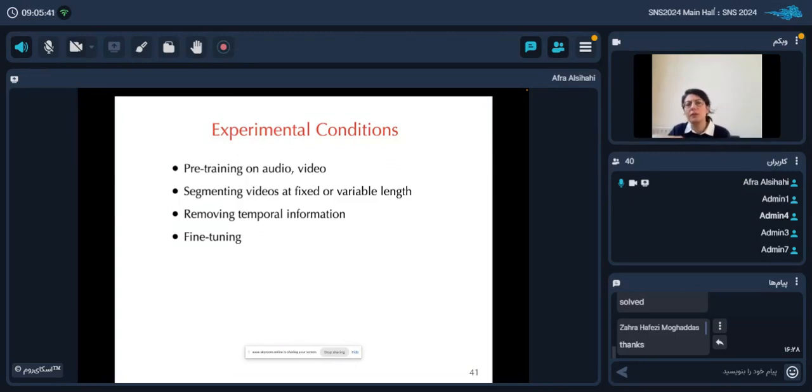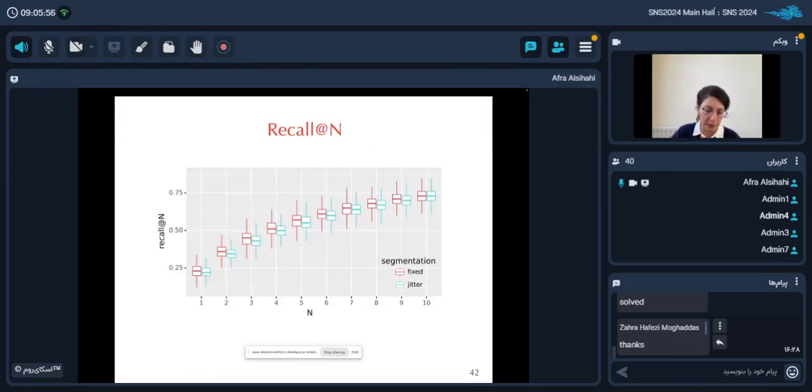We tried to see what happens if we pre-train this model on video or on audio or both, whether segmentation of these videos has an effect, whether the temporal information has an effect. I'm not going to get into the details of these. The important thing is that this model works well again.